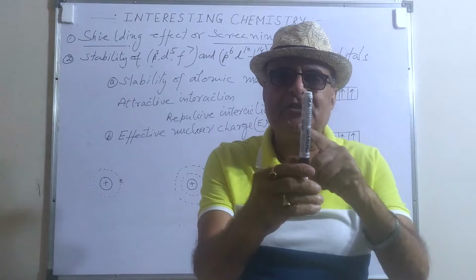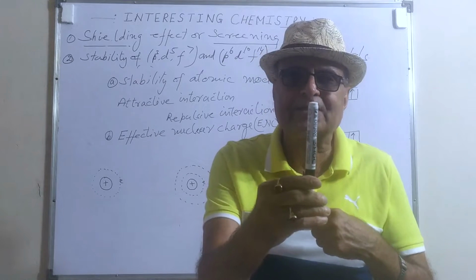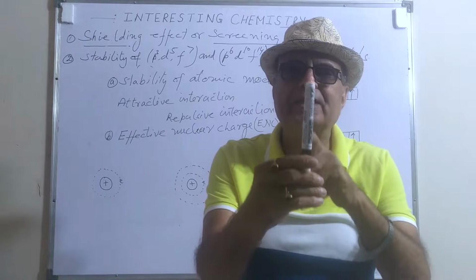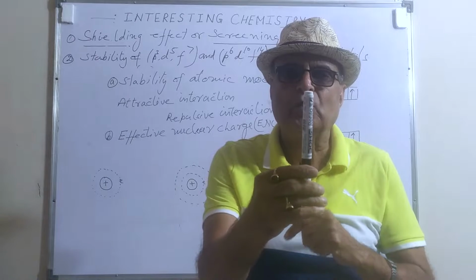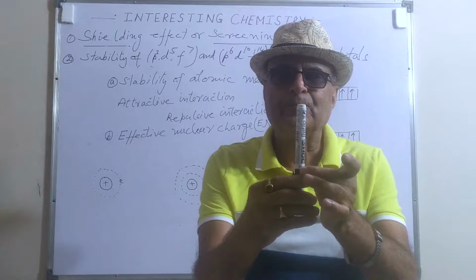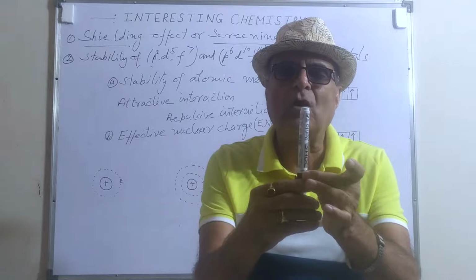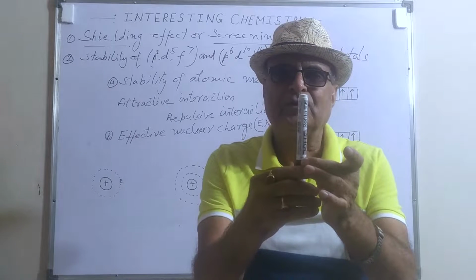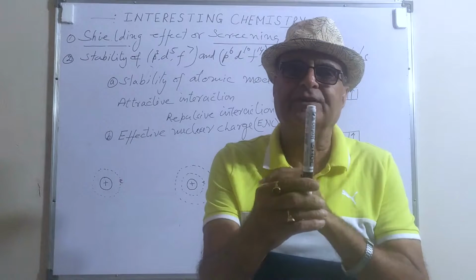So this is called a screening effect. This is called a shielding effect. So now this sketch pen creates a shielding effect or a screening effect to my vision.